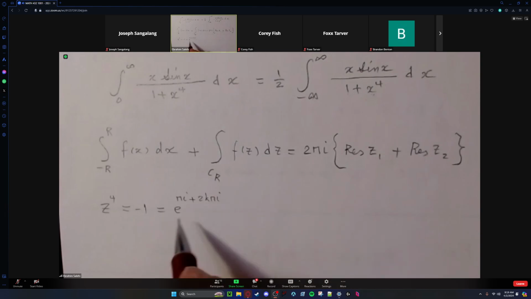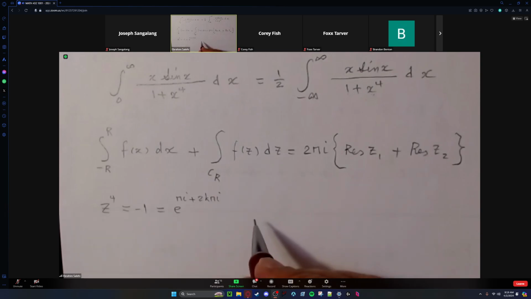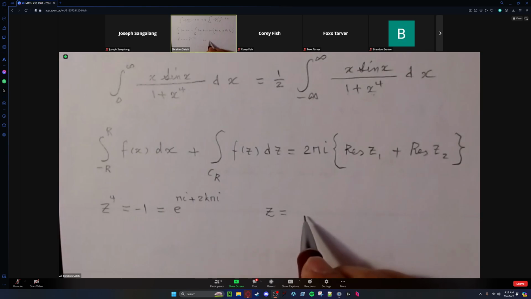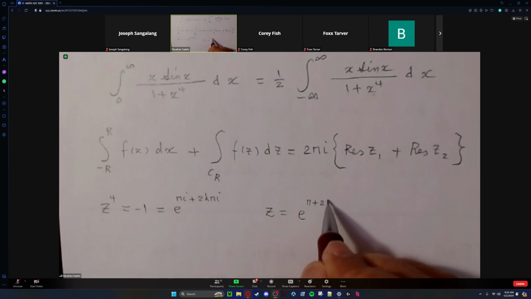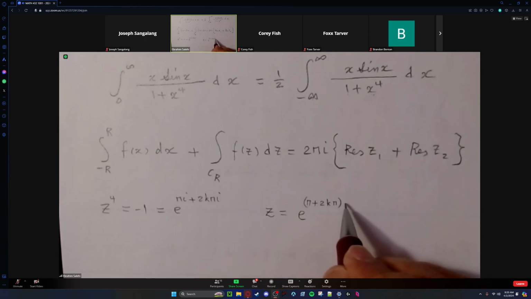Then z will be e to the (pi plus 2k pi) i divided by 4.